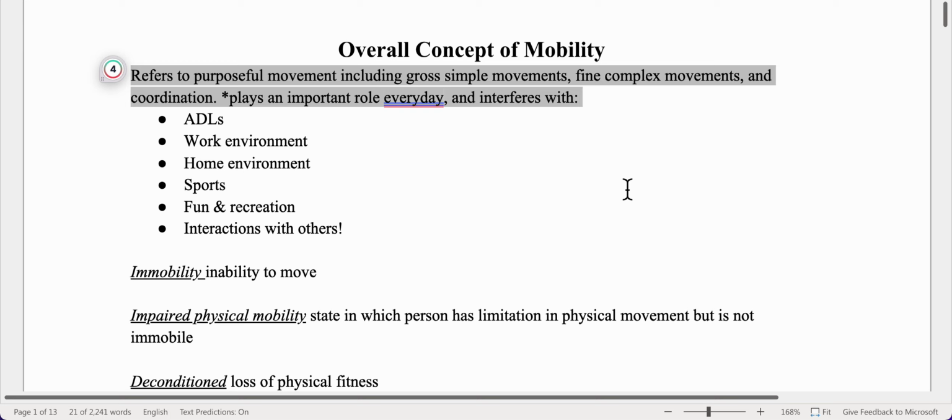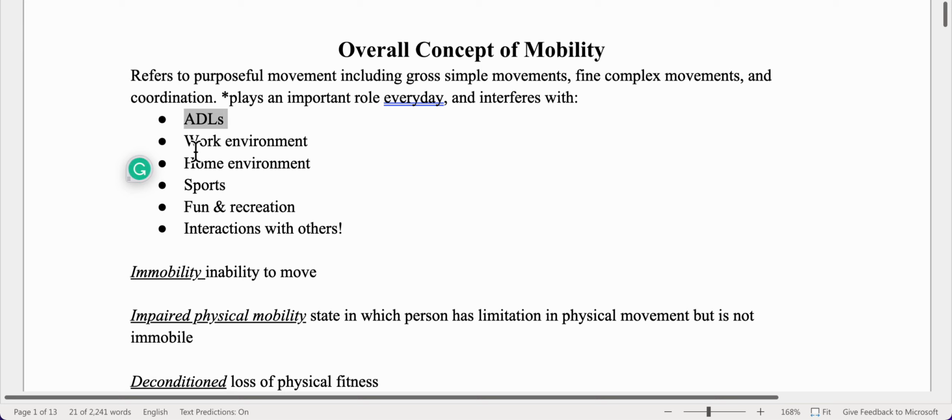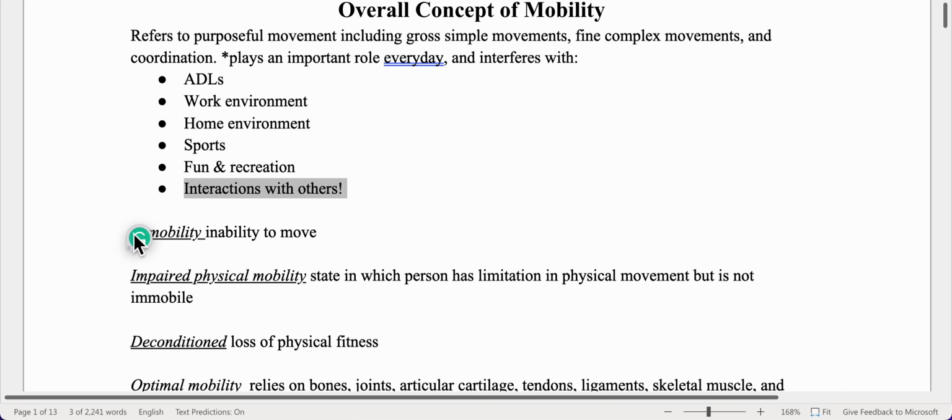Mobility plays an important role every day, and impaired mobility interferes with ADLs: work environment, home environment, sports, fun and recreation, and interactions with others.